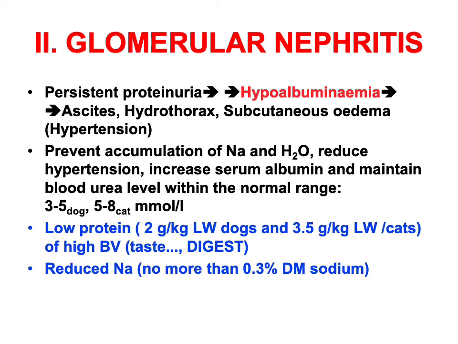The oncotic pressure of the blood will drop, and in this way plasma can enter into the abdominal cavity, this is ascites, into the thorax, this is hydrothorax, and even subcutaneously, causing subcutaneous edema.